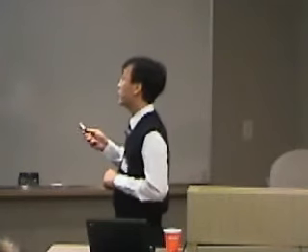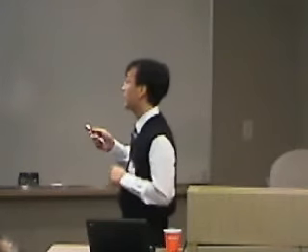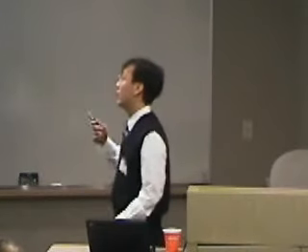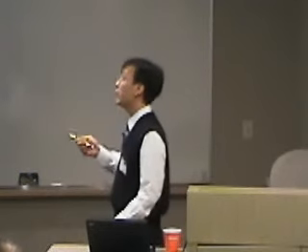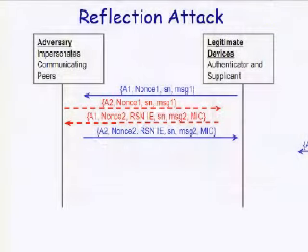Another problem for the forward handshake is the reflection attack. Since the forward handshake uses symmetric cryptography primitives for the handshake, there is a basic reflection attack. The legitimate device wants to communicate with somebody, so it sends out this message 1. But there is nobody there, so the adversary will just reflect this message.